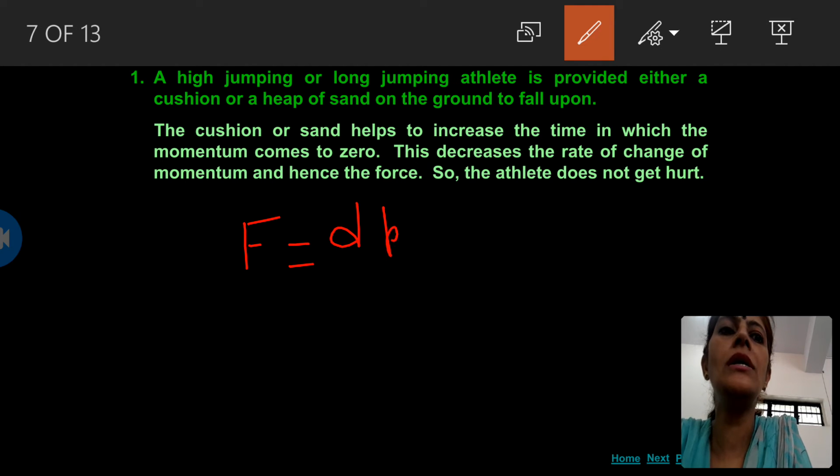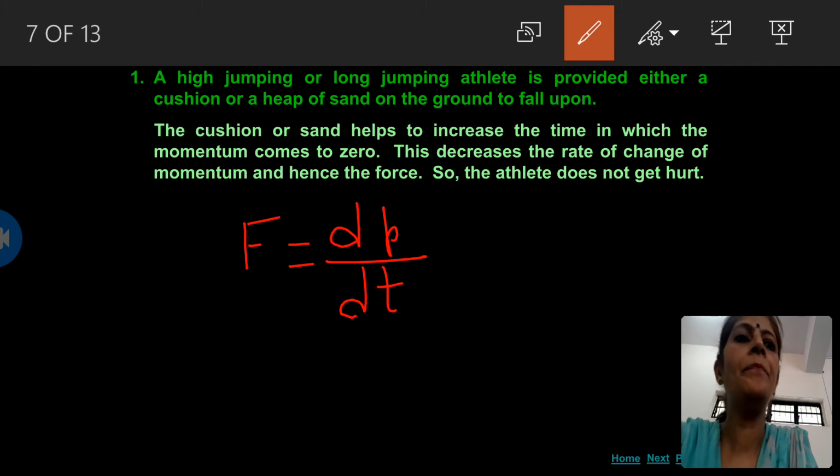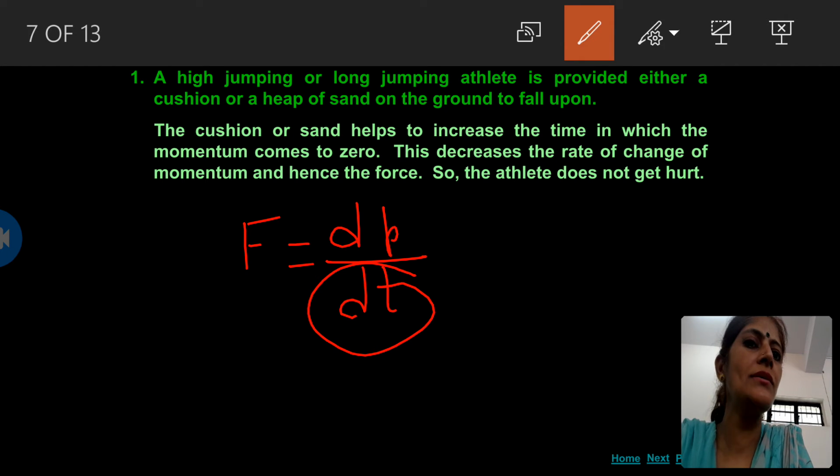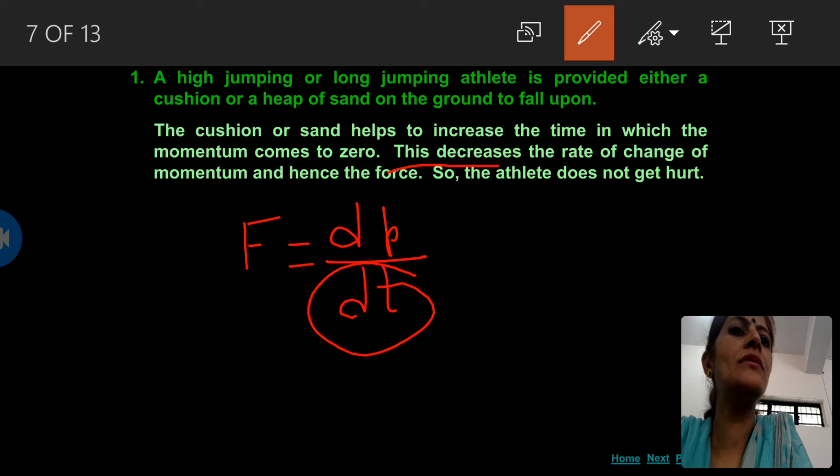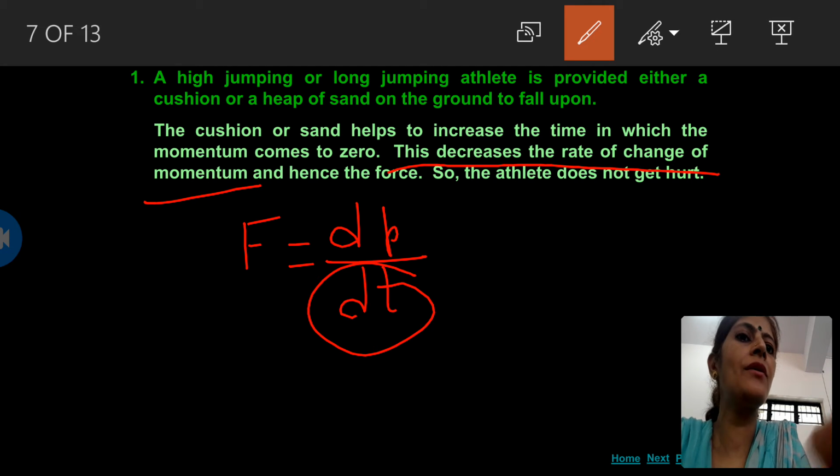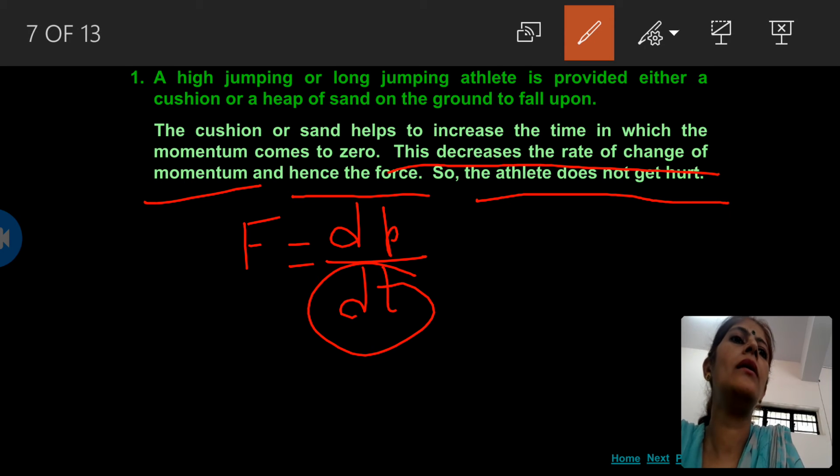F is equal to dp by dt, right? So the time dt here increases, which decreases the force. So this decreases the rate of change of momentum if the time of impact increases, and hence the force also decreases. So the athlete does not get hurt.